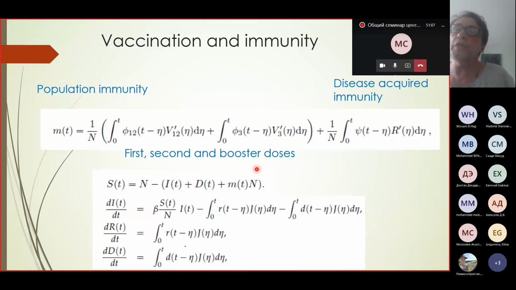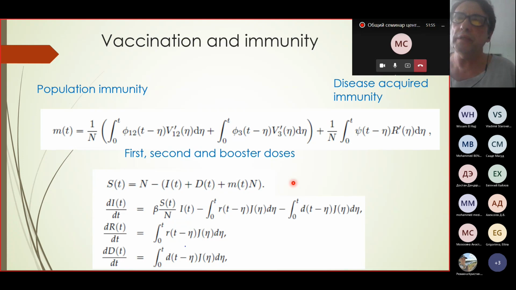So before, if we don't take into account immunity waning, all this vaccination, in the model, then this M equals 0, and we have this S, we have this total population N, and then S plus I plus D equals N. But now, if we take into account population immunity, then the number of susceptible is not exactly N minus I minus D, but also minus those who have immunity.